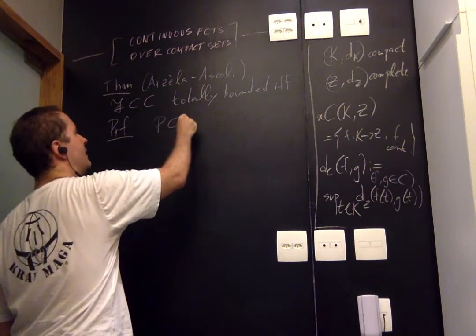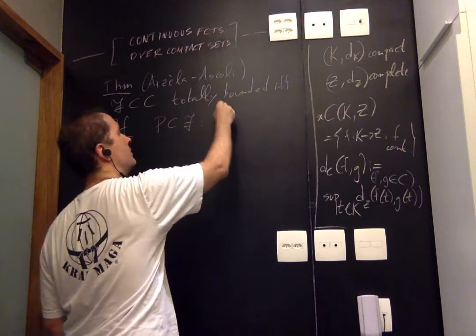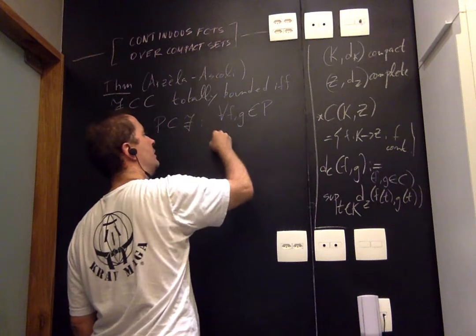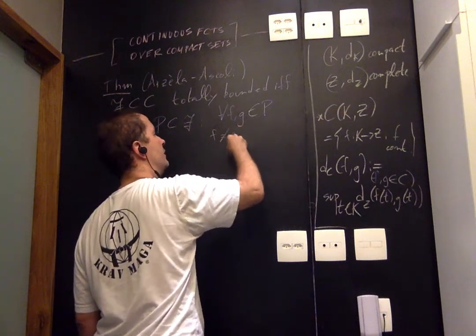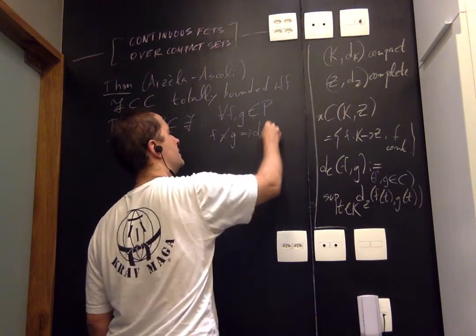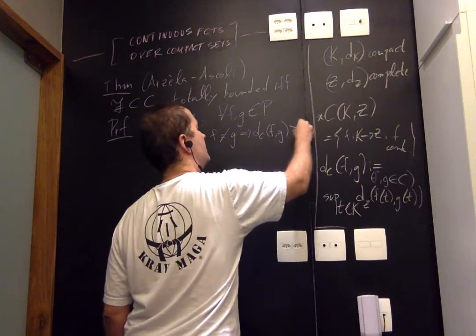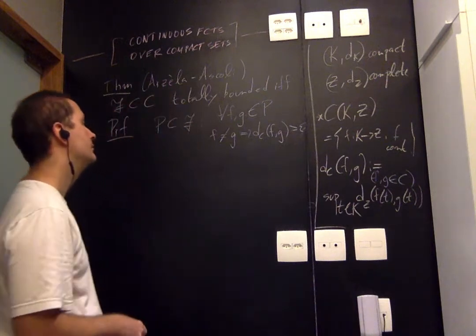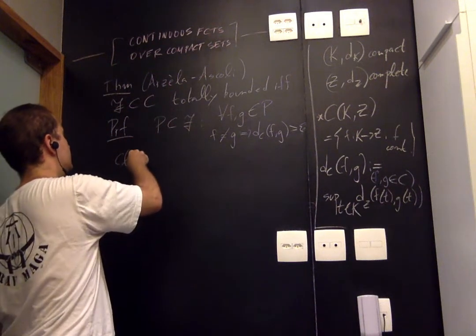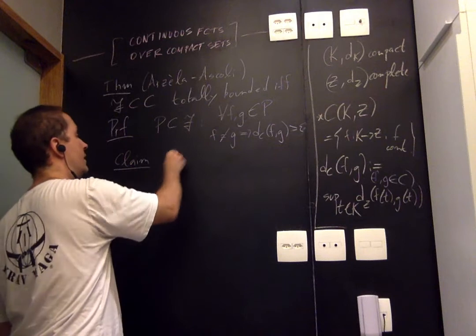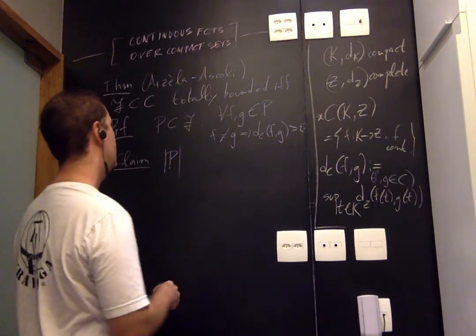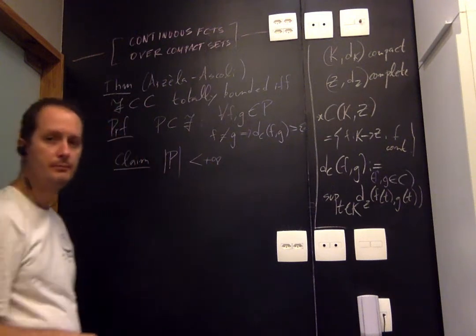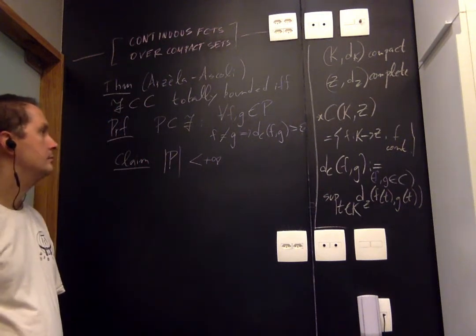I'm going to take a packing in the set. So it's a family of functions P that, whenever different, are at distance greater than epsilon from one another. And my claim is that the size of P is finite. It has to be finite.